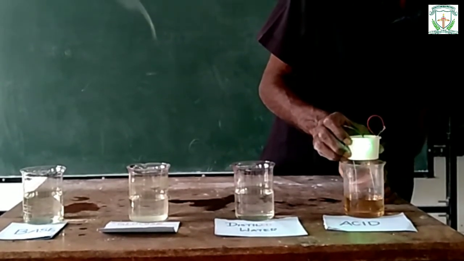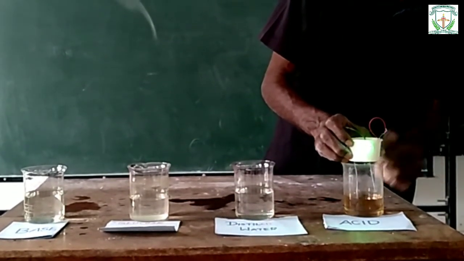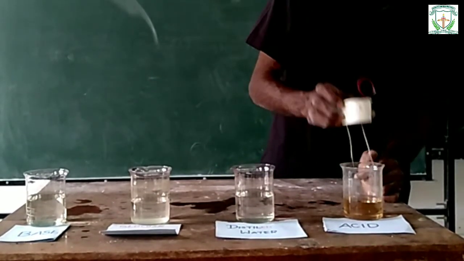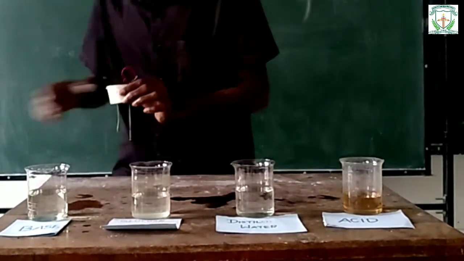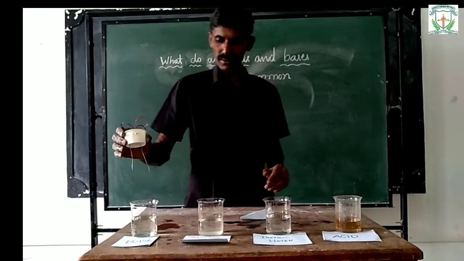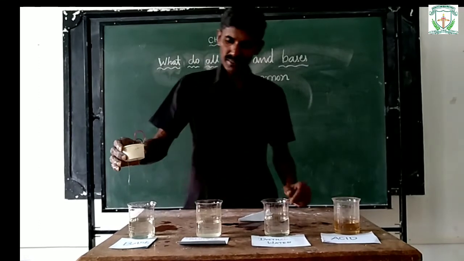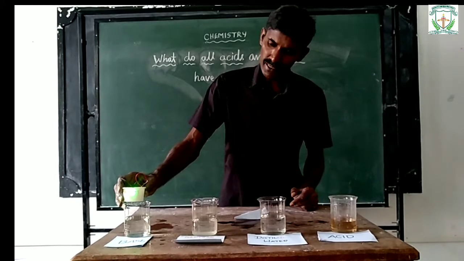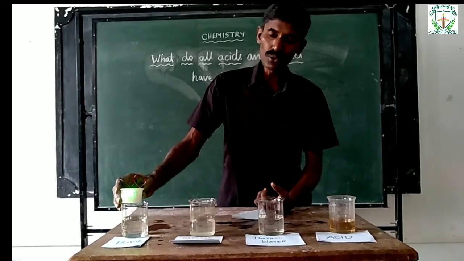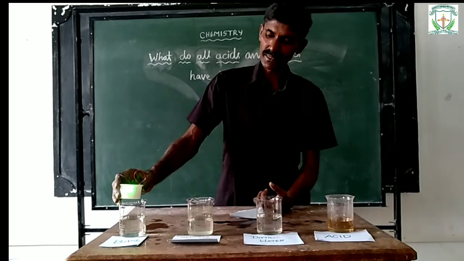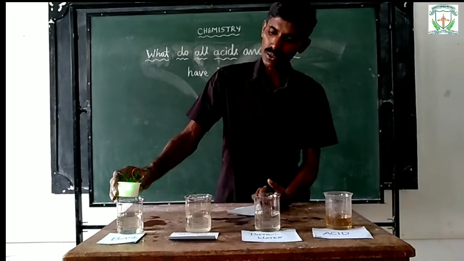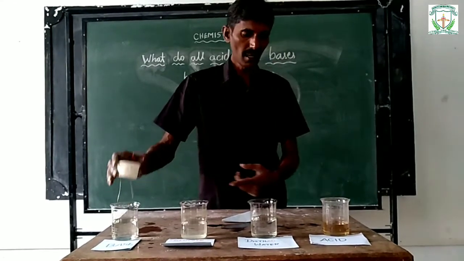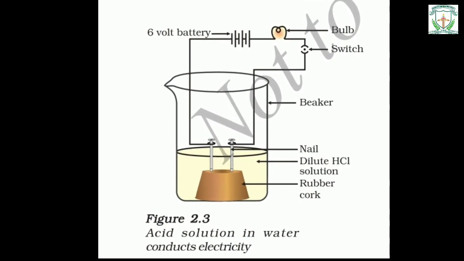What is happening, children? Yes, the bulb is glowing in the acid medium. Then the base, sodium hydroxide. I dip into sodium hydroxide, and the light glows very clearly. The bulb is glowing in sodium hydroxide solution. This is the experiment diagram.